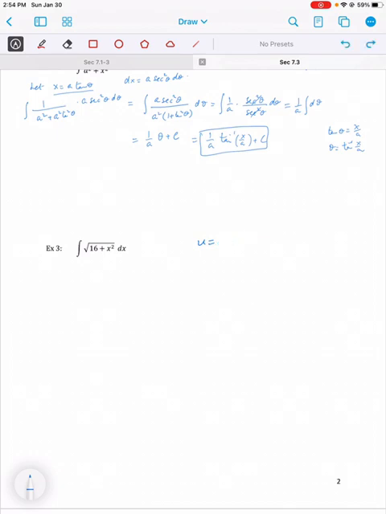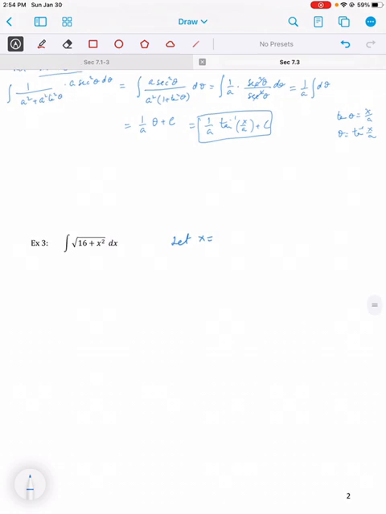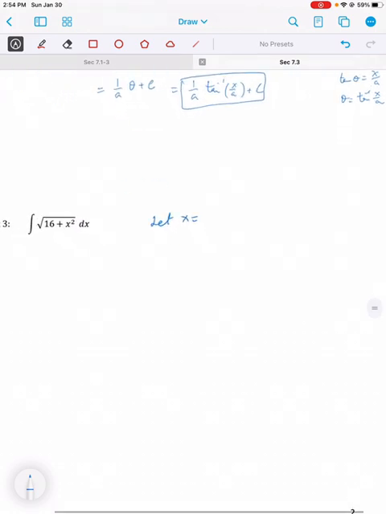So we need to do the trig substitution here. So we say let x equal, so a squared is 16, so that a will be 4. So let x equal 4 tangent of theta. Then dx will be equal to 4 secant squared theta d theta.